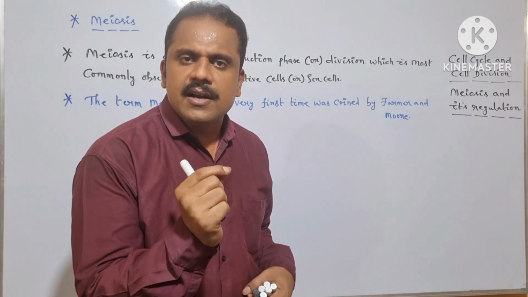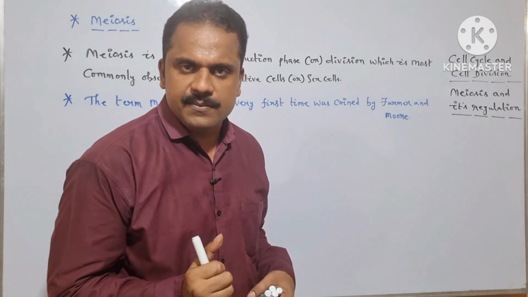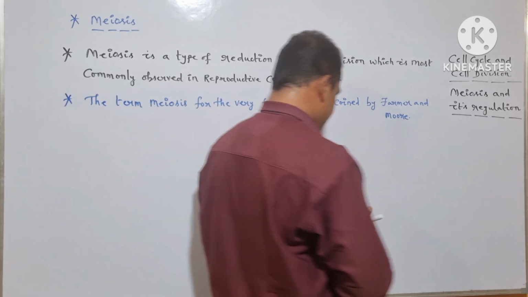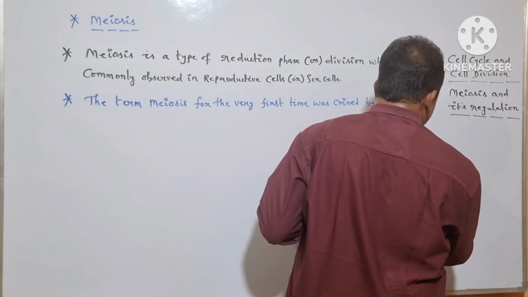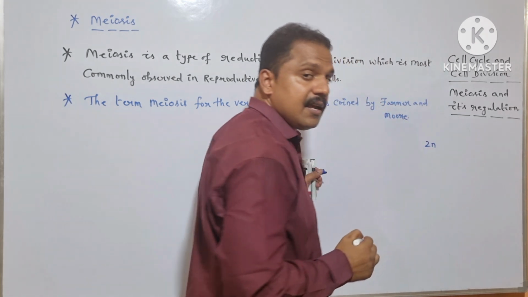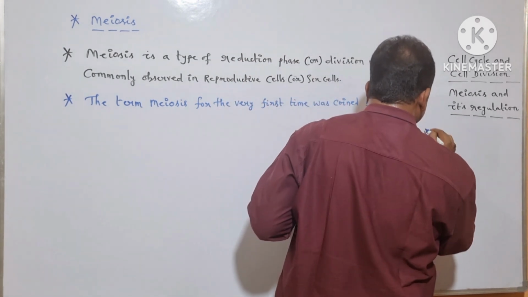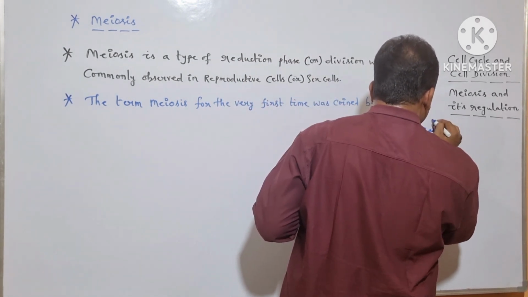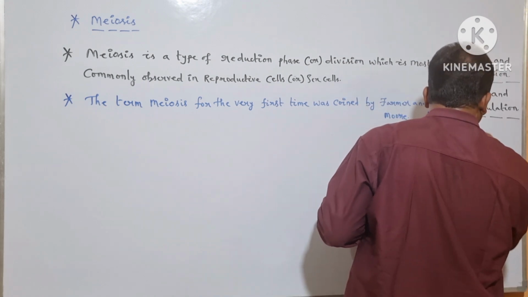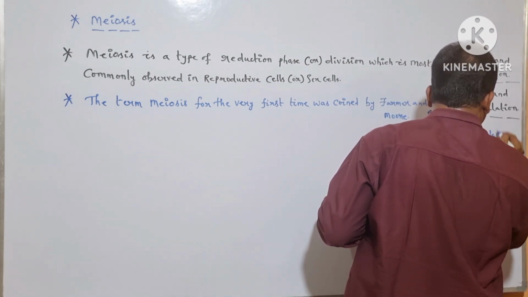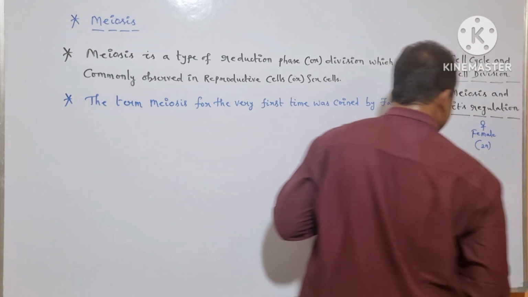In order to understand this concept, we need the basic idea. In humans, the male father has chromosomal content 2N. In the same way, the female mother has chromosomal content 2N.